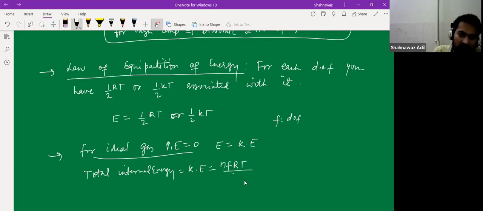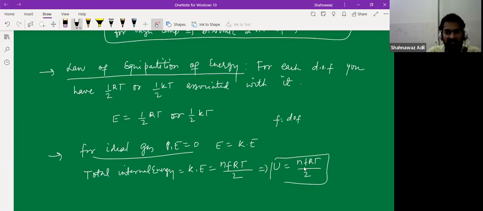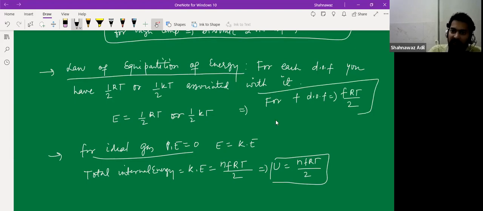Right, guys? Because for each degree of freedom you have half RT energy, so for F degrees of freedom, you will have FRT by 2 per mole. So for N moles, this will be NFRT by 2.